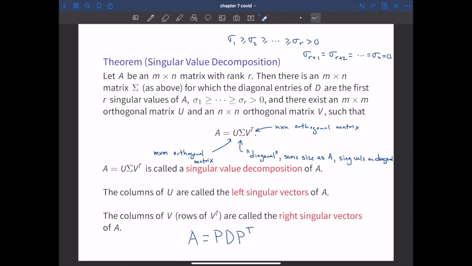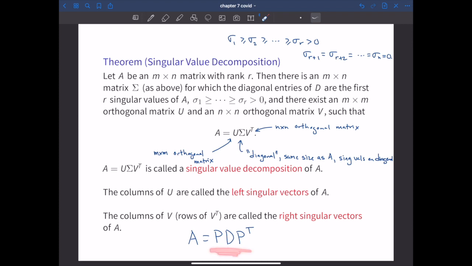Now you might wonder, how come in diagonalization or orthogonal diagonalization, I'm able to use the same matrix on the left and the right? Ultimately, one way to think of it is that if you're taking a matrix A that's square, the sizes of the matrices work out in some nice way.